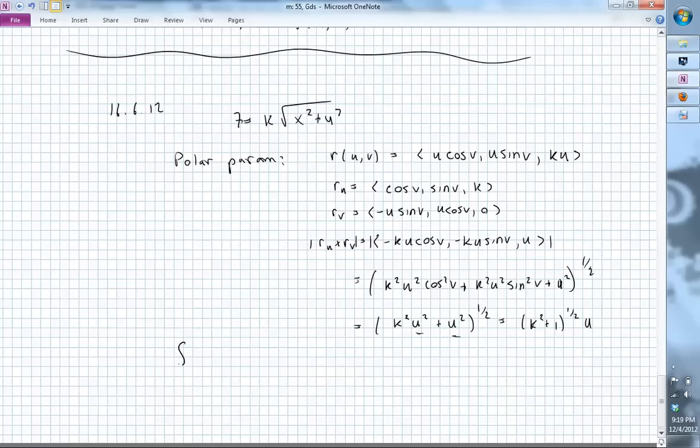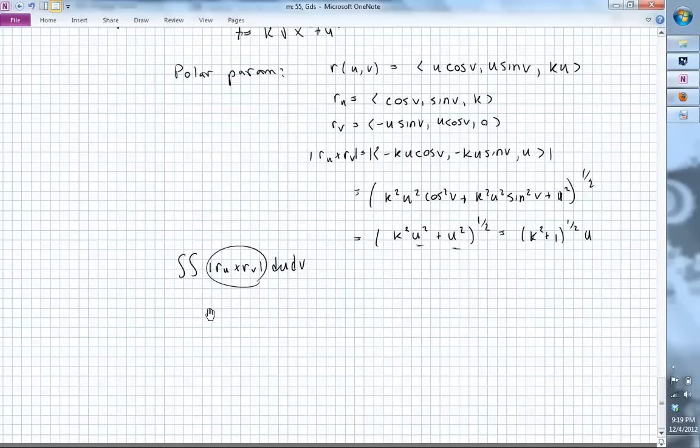Now, remember that the surface integral looks like this. And we've just computed this part. It remains to do limits of integration. Now, playing the role of r in our polar coordinate system is u, and playing the role of theta is v. And just to clarify, when you've already converted to polar before you're doing the integral, you don't have to. Exactly.